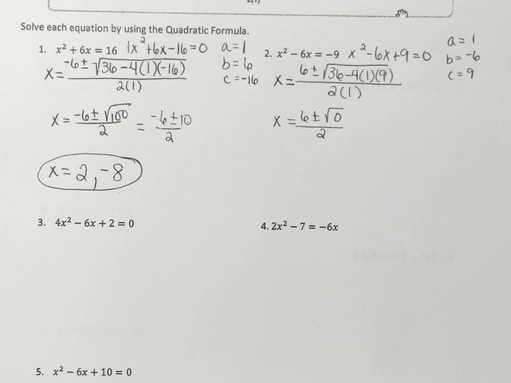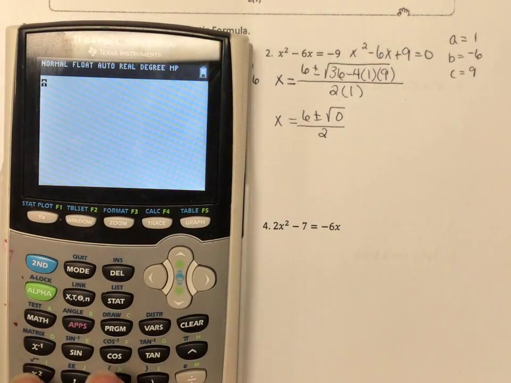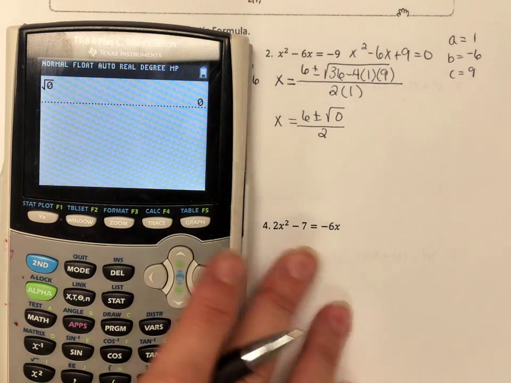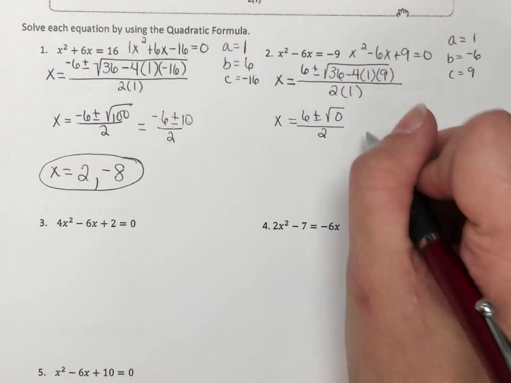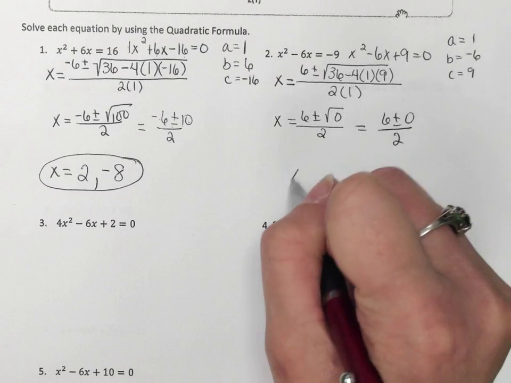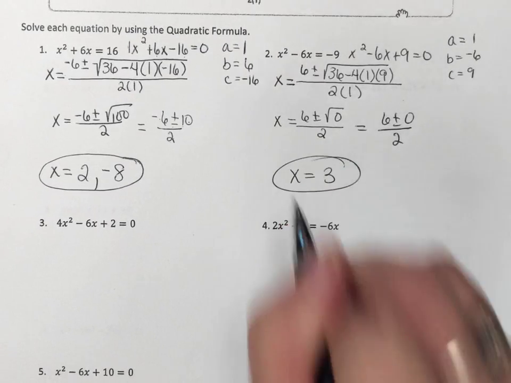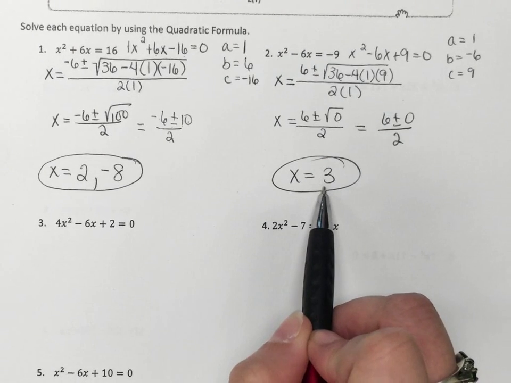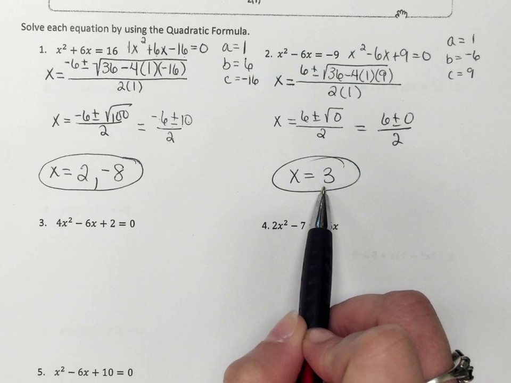If you need to, plug it in. Second square root 0, enter. And it gives you the answer. So I've got 6 plus or minus 0 over 2. That means my answer is just 3. So it's a 1 solution. Beautiful. That means it only hits at 3. That's it. Are y'all okay?